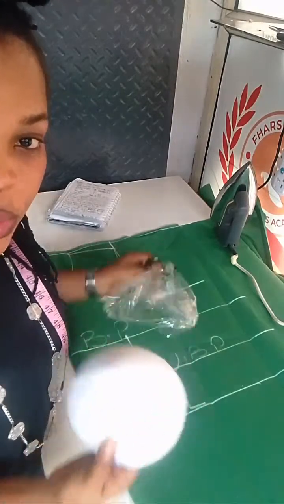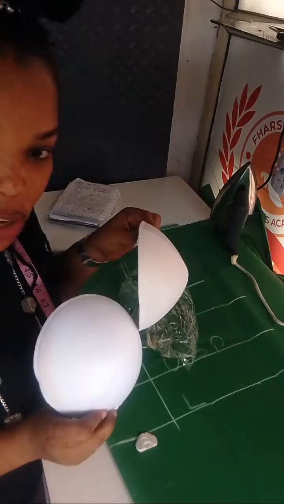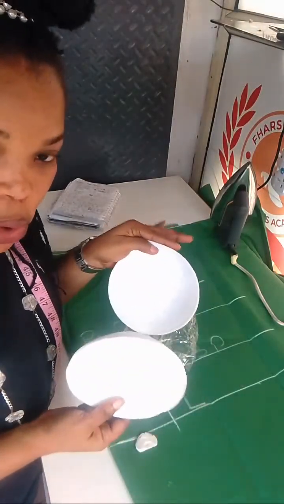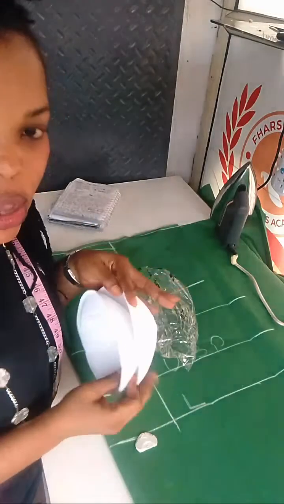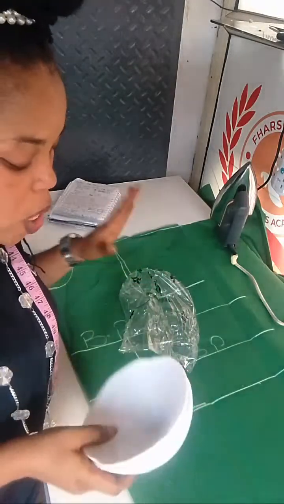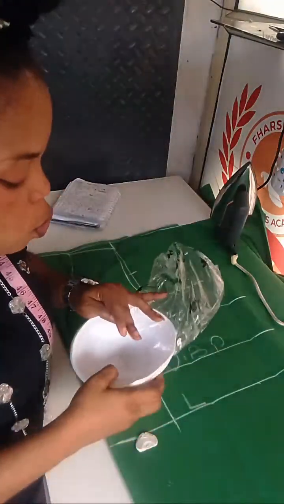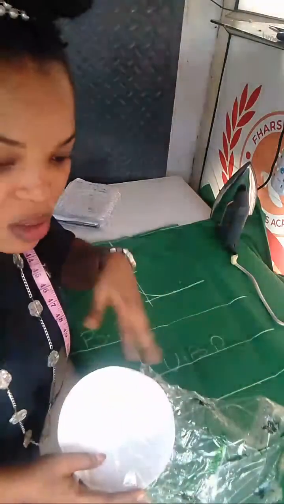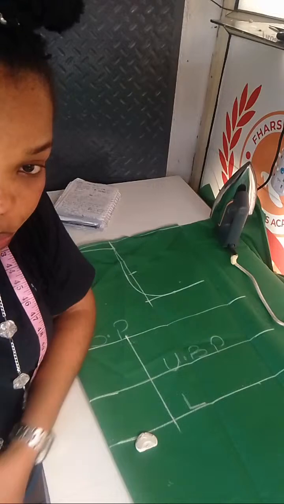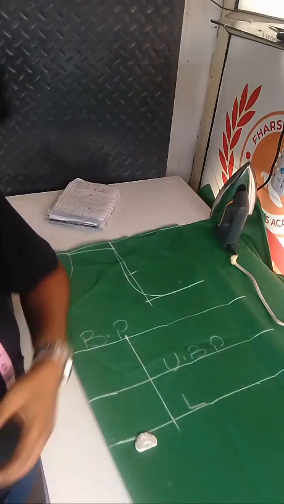This is the deep one. It comes in different shapes, maybe 2 or 3 shapes. I am not going to be using this. If I was going to be using this, I would have factored it into this measurement, but I am not going to be using it. I am only going to use interfacing and paper stick, and it will come out beautifully well.